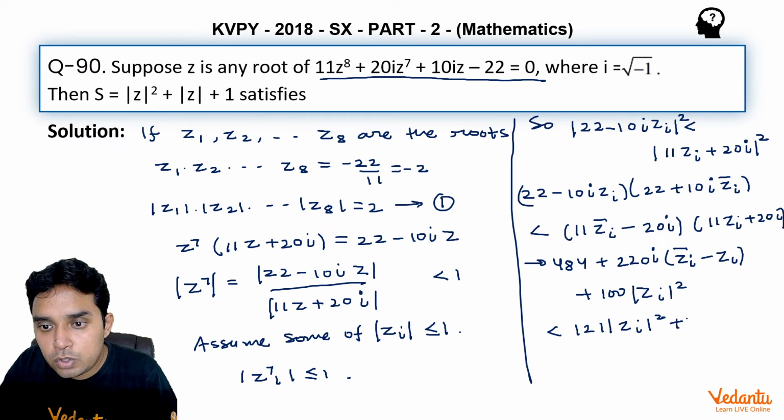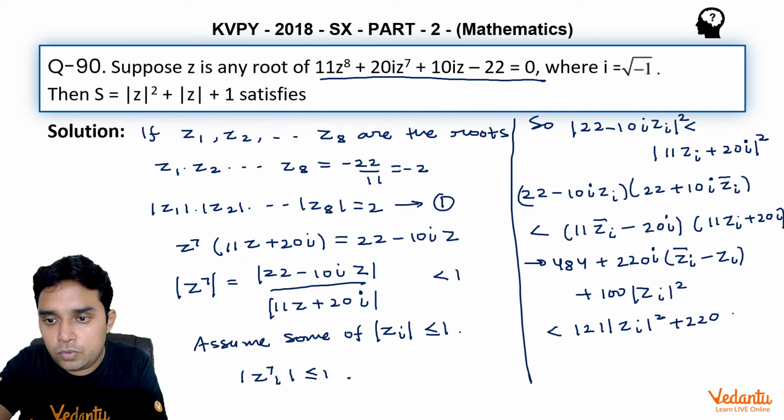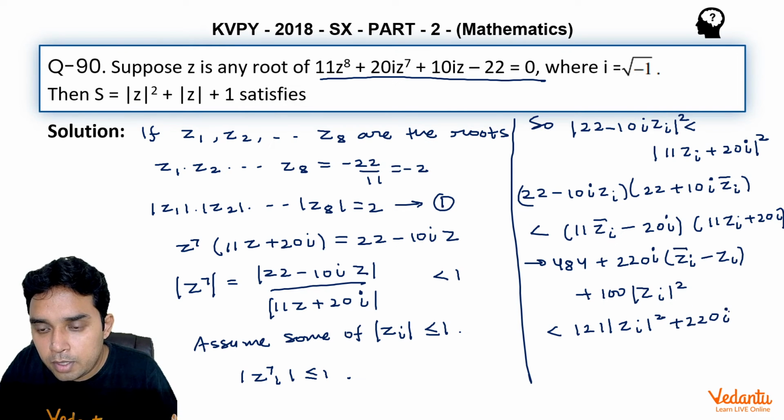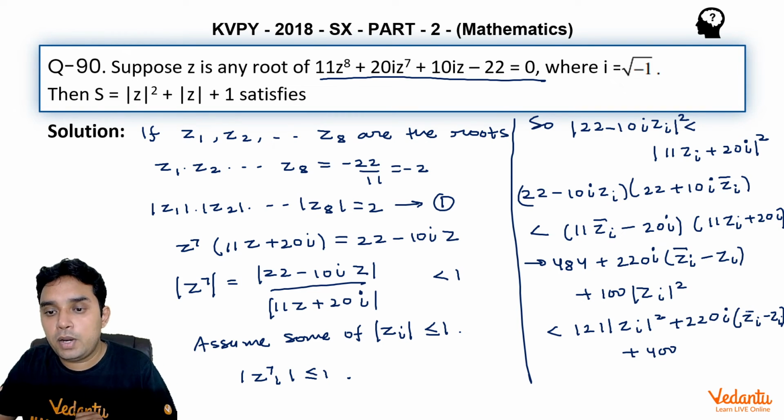Once again we get 220i common with (zi bar - zi). Multiplying 11 zi bar with 20i and taking 220i common, we get (zi bar - zi), and the remaining term is 400, because i into i is minus 1.